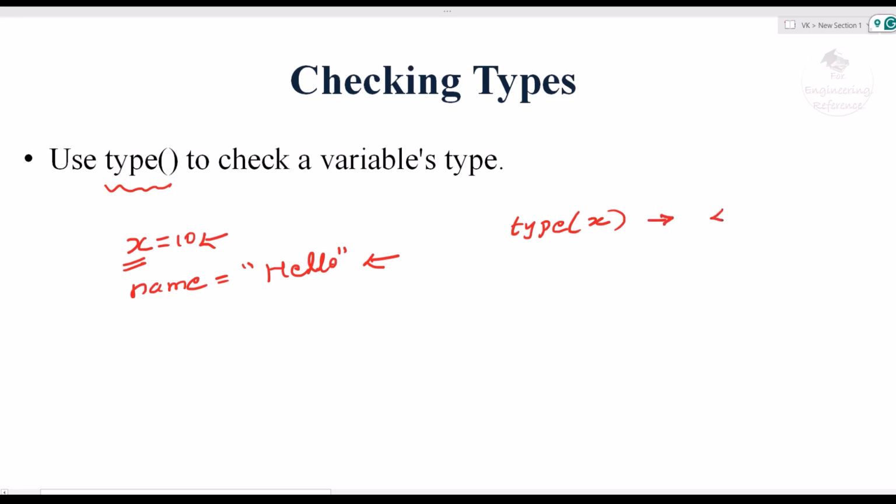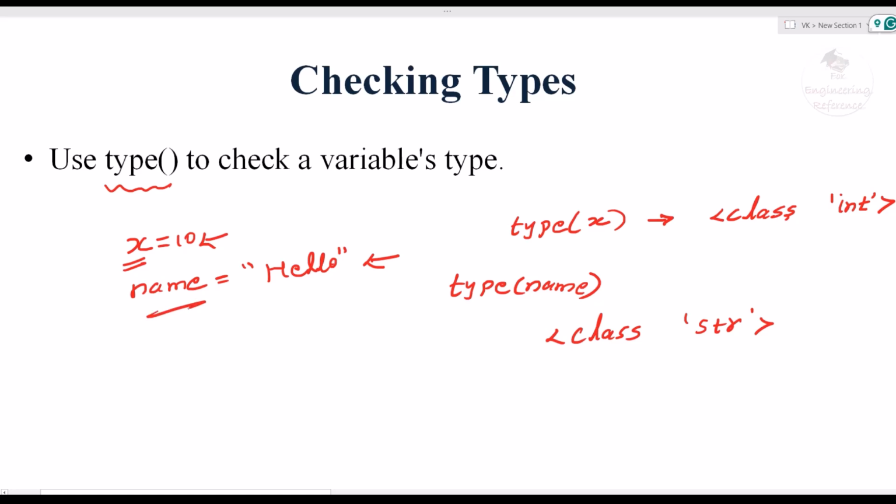This will return class int, and type of name will return class str. This is a string variable. So this is how we can find the type of an assigned variable.